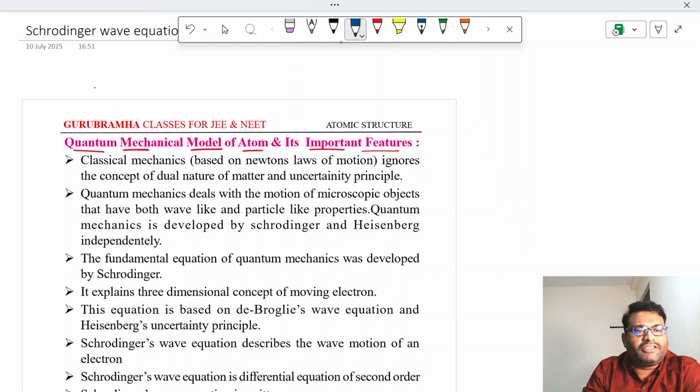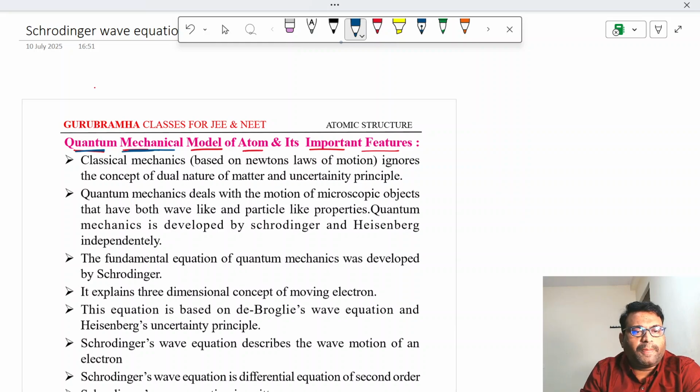From Heisenberg uncertainty principle, we have studied that it is not possible to calculate the position and velocity of an electron accurately at the same time. And from that, we have studied that there is no possibility for a trajectory.